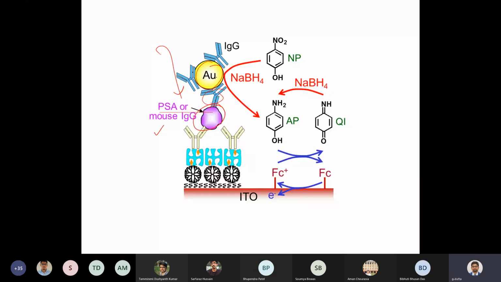And if gold is there, then only NP will react with NaBH4, sodium borohydride, with the help of gold nanoparticle, and it will form the AP. And this AP will react with the ferrocene Fc plus, and it will generate the electron. That electron we are measuring. Clear?